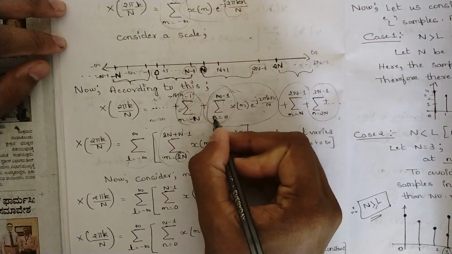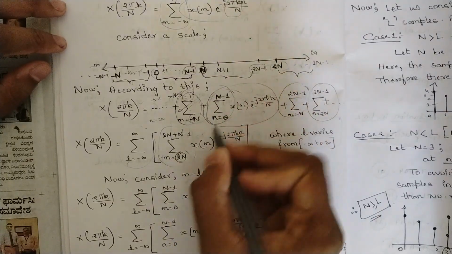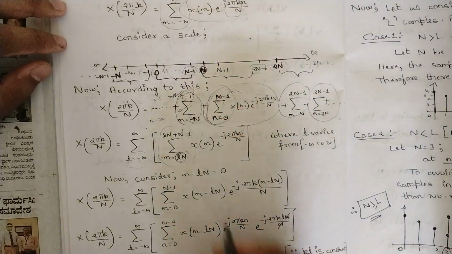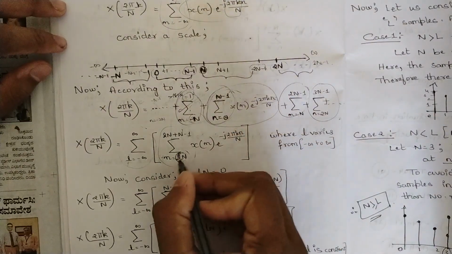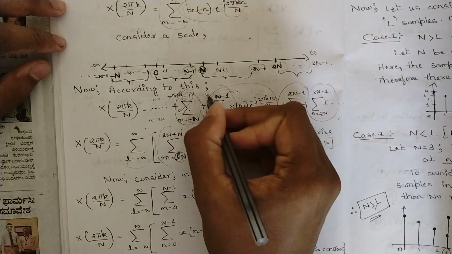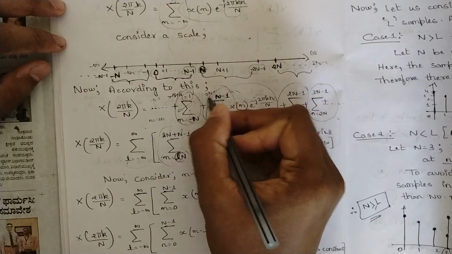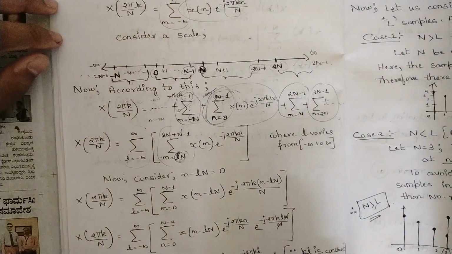Similarly here we have n equal to 0 to n minus 1. What is the value of L here? The value of L here is 0 because we have n equal to 0. If you put the value of L as 0, what would we get? 0n plus n minus 1. 0 into anything is 0, this would be cancelled. We would be left with again n minus 1.